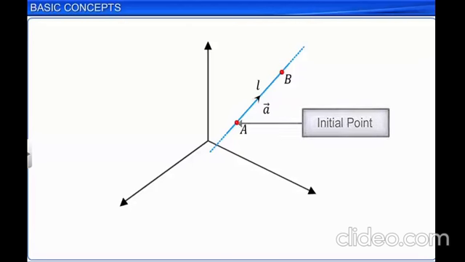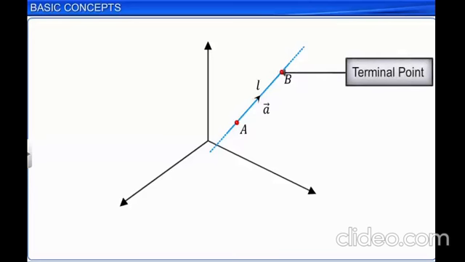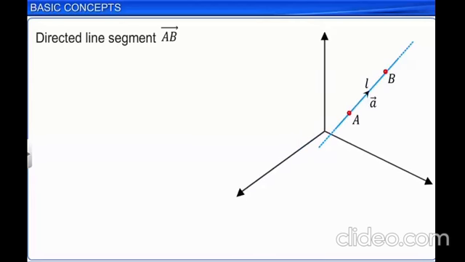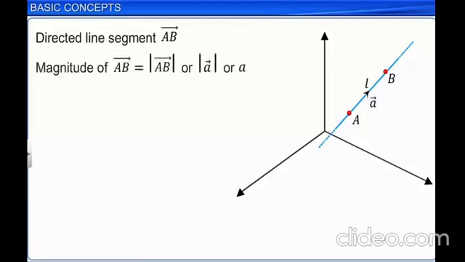Point B, which is the end point of vector AB as per the given direction, is called the terminal point of vector AB. The arrow placed above vector AB always points from the initial point to the terminal point of the vector. The magnitude of vector AB is represented as shown. The magnitude of vector AB is equal to the length of line segment AB.